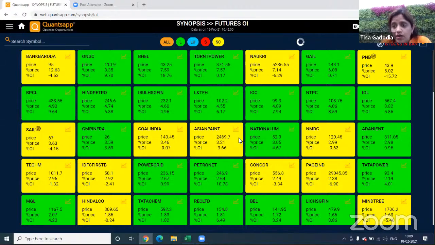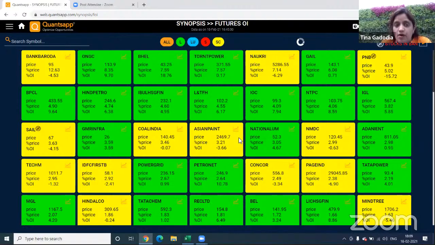When you have a long build-up, the conviction is higher, because you know that people have carried forward their positions to the next day, as there is an embedded positivity in the stock. Say for instance OMC, for a couple of days they were moving higher. Then the oil sector as a whole has been performing for the last 2 days.